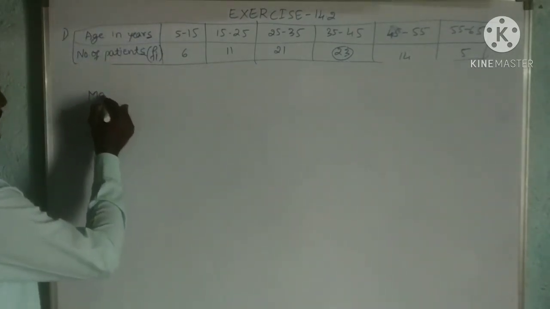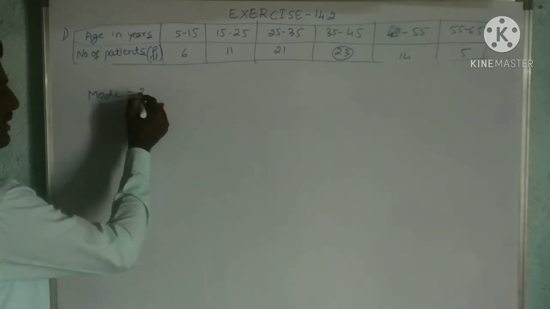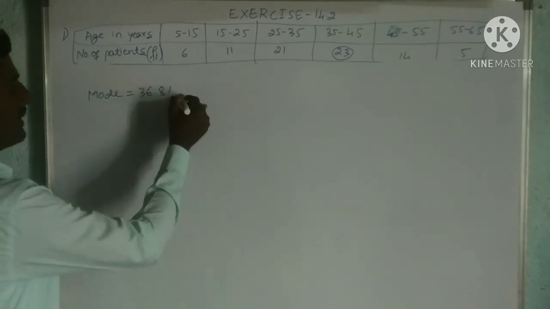So first one is the mode. Mode is equal to how much I got? 36.81.